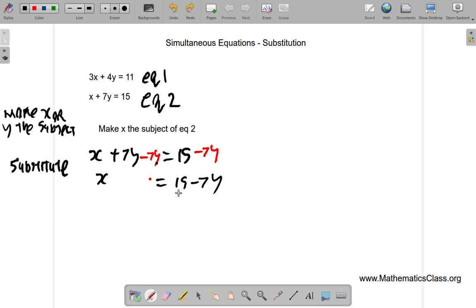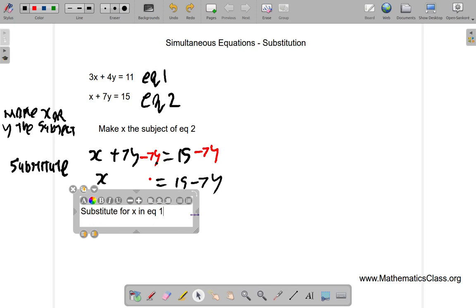After that, you substitute for x in equation 1. Whatever you get for x, you substitute that in equation 1.